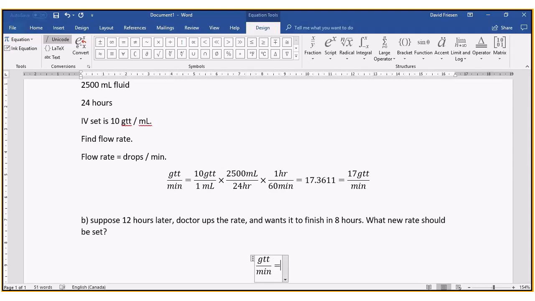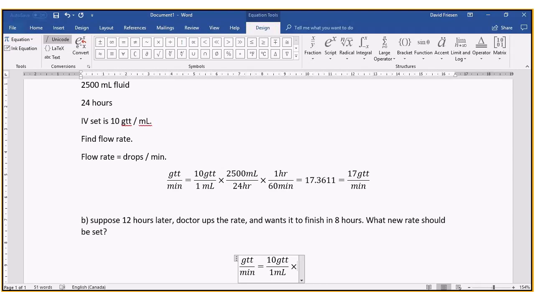Our set is the same. We still have the same diameter tubing, same bag of saline, same medicine applied to it, etc. So our GTT per milliliter is not going to change. But what is going to change is how much liquid we have remaining and how much time we have remaining.